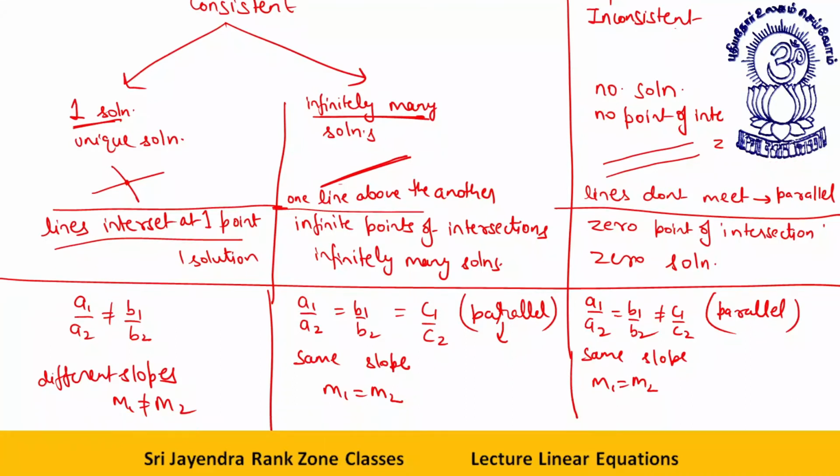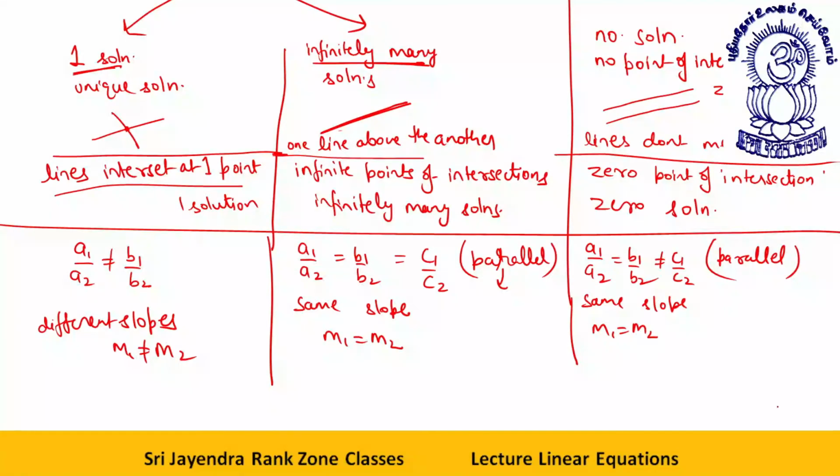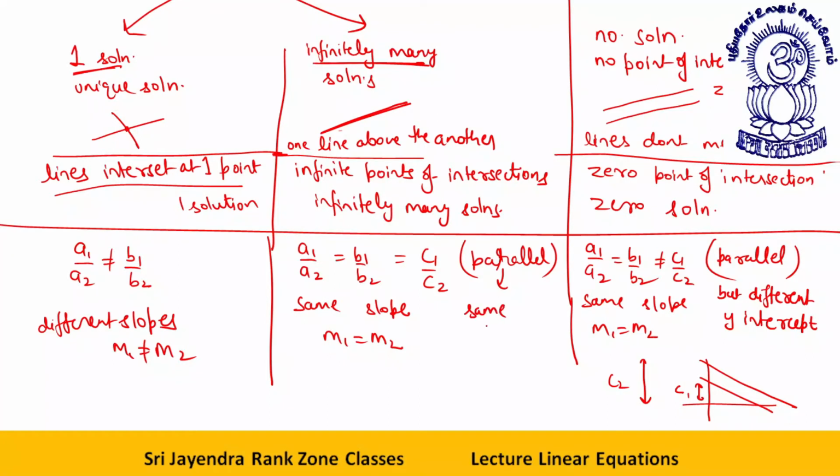But the main difference, dear student, is that they have different heights of intersection, c1 and c2. This is called different y-intercept. Here they have the same y-intercept.